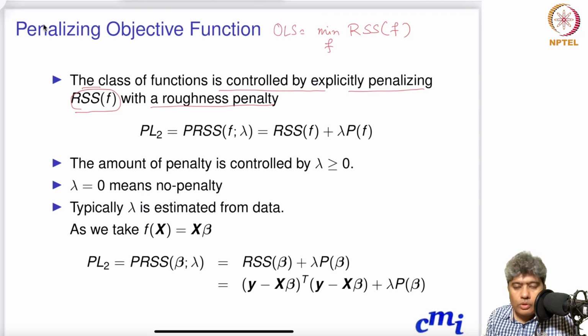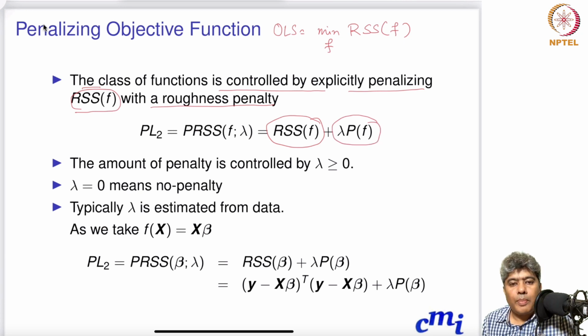Okay, that solution is typically called OLS. So to penalize this, we will still work with the RSS, the residual sum of squares, but on the objective function we will put a penalty term, and we call it the penalized residual sum of squares. And the amount of penalty will depend on lambda. Lambda is typically called the tuning parameter.